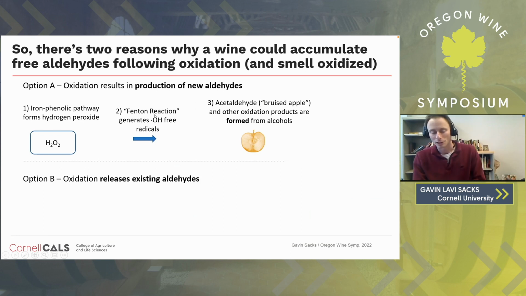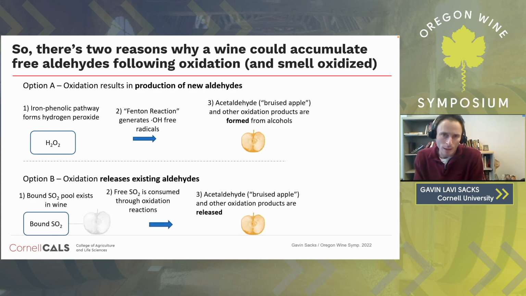Peroxide goes through what's called a Fenton reaction, which generates free radicals. And then we produce acetaldehyde from the oxidation of ethanol. So that right now, at least that's the way I was teaching my students until a couple of years ago, that's the way we're thinking wines start to smell oxidized. They start off with low aldehydes, get exposed to oxygen, SO2 eventually gets low enough where we can have this de novo production of aldehydes.